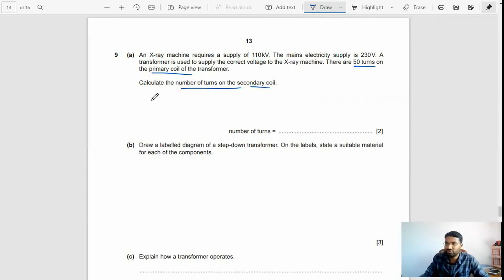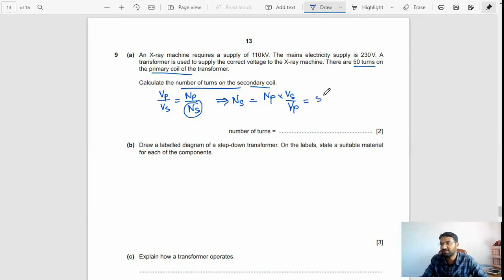You have the formula Vp upon Vs is equal to Np upon Ns, and you have to calculate Ns. So Ns will be Np times Vs upon Vp. Np, 50 turns, is given, right? And for Vs, the X-ray machine requires 110 kilovolt.